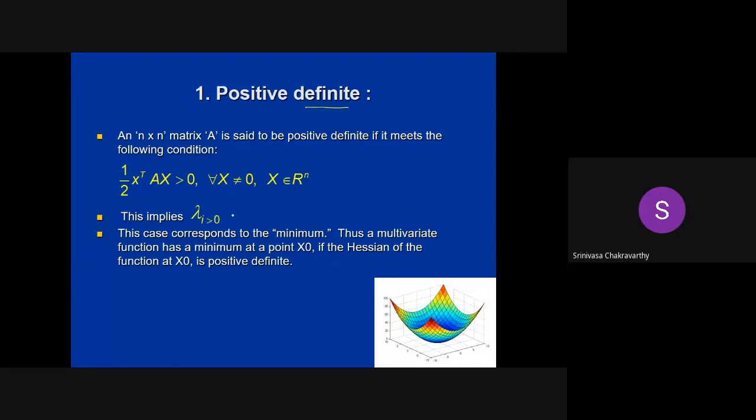So this is your minimum case. When all the eigenvalues are positive for all i, this corresponds to a minimum, and the function is always positive. Such a matrix is called a positive definite matrix, because if you plot the corresponding quadratic form, it looks like this.